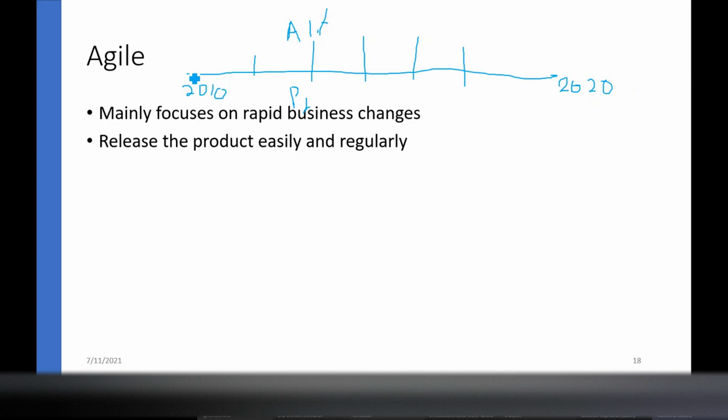If we develop this product for 10 years and delivery is a problem, what we can do is deliver the product regularly and easily. How? We deliver small components along the timeline, and we can get the full solution in 2020. Meanwhile, you have to deliver small components.